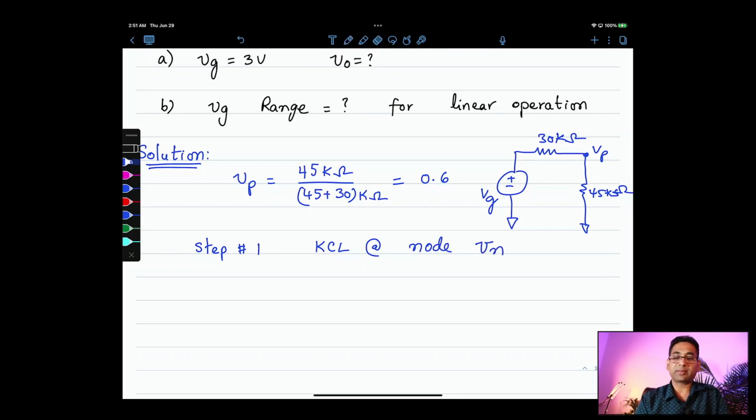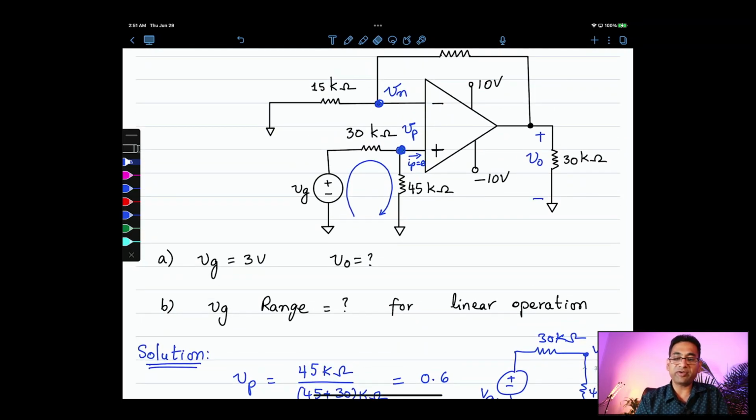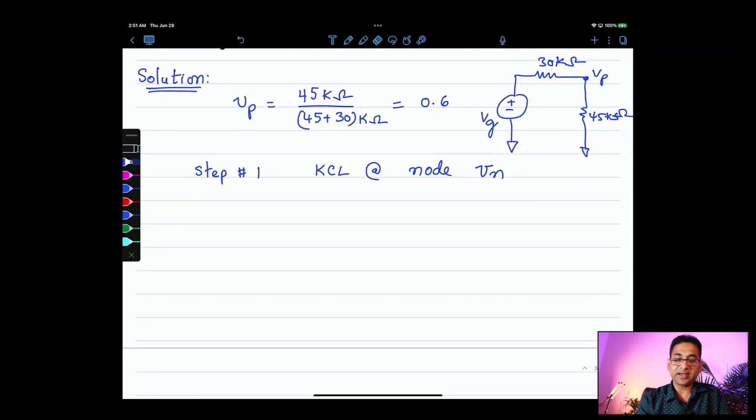We can apply KCL at node Vn because we know Vn. From step number 2, we know Vn equals Vp, which was found to be 0.6 times Vg.